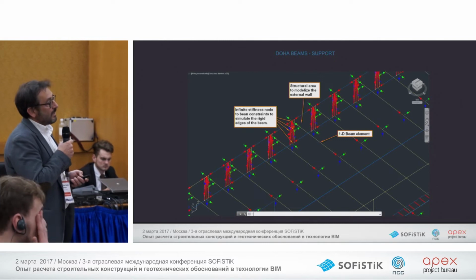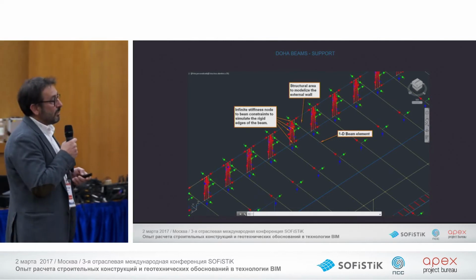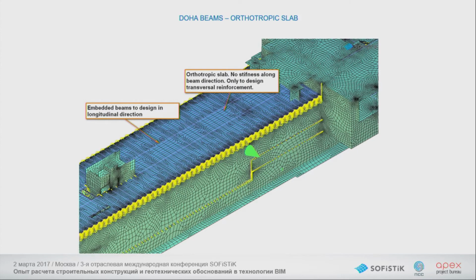So you have to model the real depth of the support to know which are the efforts between the beam and the wall. And you have to put that kind of elements to understand what is going on in that structure, because of the joint between the beam and the wall.